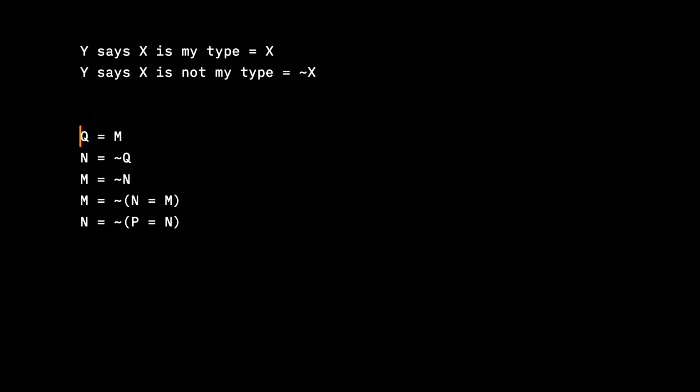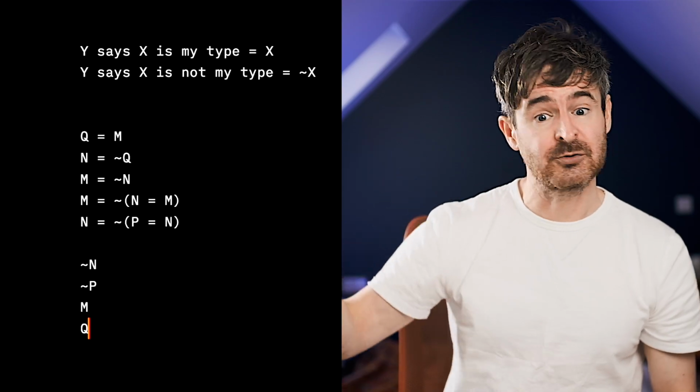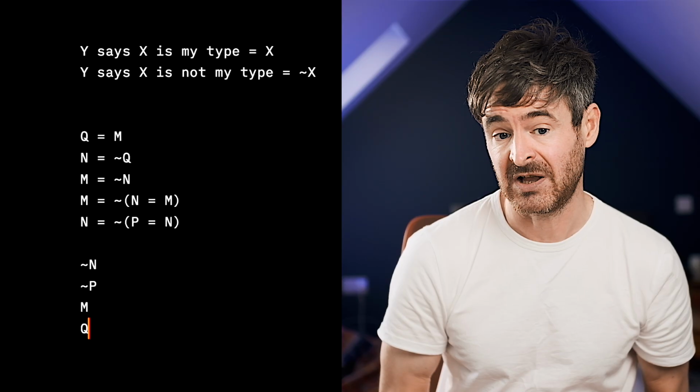We'll write out the 5 statements here, and we know from this line that it's equivalent to not N, and we know from this line that it's equivalent to not P. Not N is the same as M, and Q is the same as M. So there's our solution using the algebraic identity method to that, I guess, kind of medium difficulty puzzle.